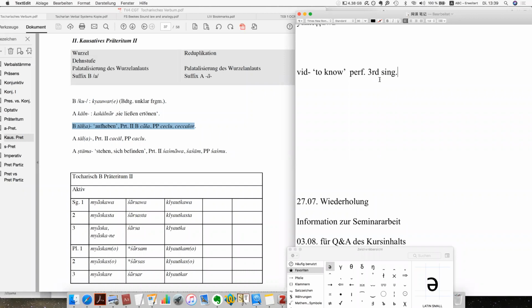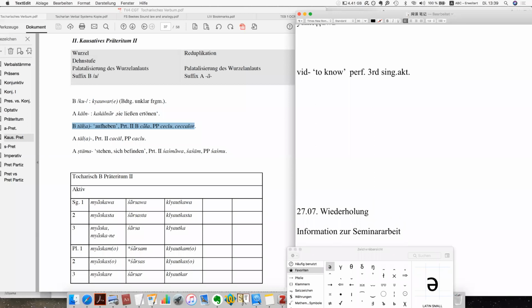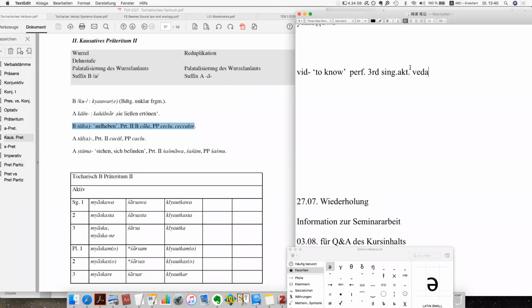知道的这个词，它的完成时第三人称单数主动是什么？在座的肯定有人知道吧？vid，好吧，那我这么问吧，那个完成时全称是什么？是网络出现问题了吗？还是你们中断了吗？就是 Veda 对吧？它叫 Veda 对吧？So it looked like there's no reduplication, right?